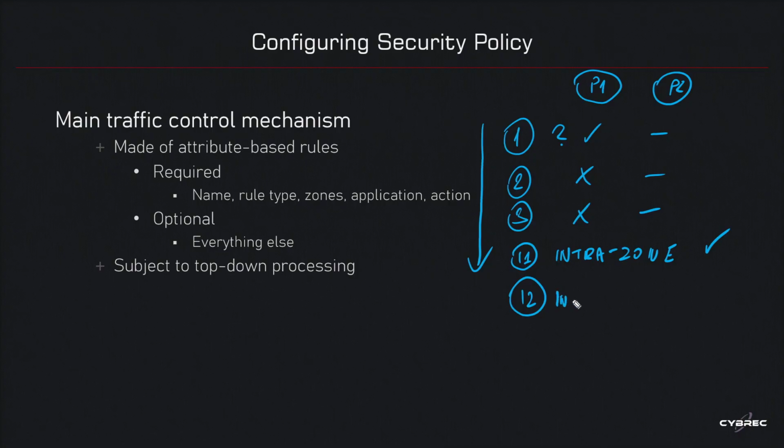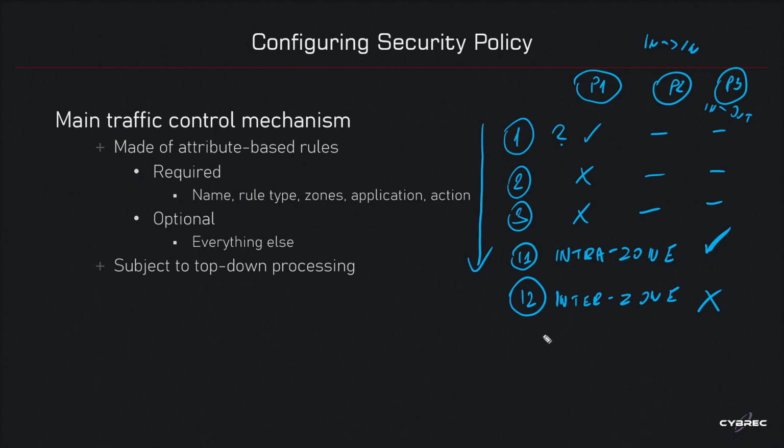The second implicit rule is for interzone traffic. So assuming that packet 2 is, let's say, from inside to inside, we will accept it. And if packet number 3 doesn't match any of our custom rules, but it is interzone traffic, like inside to outside, we will drop it based on the second implicit rule.